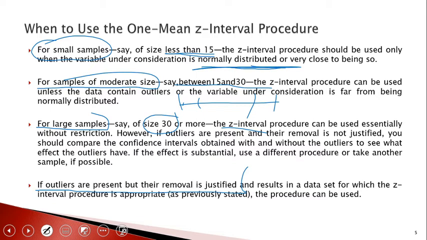But in our cases, don't worry too much about these sample sizes. Most of the time you will see you have large enough samples. If not, you will see it is already normally distributed. So just keep this in your mind when you are using these procedures. Whenever you use this procedure that you have learned, make sure of these few things.